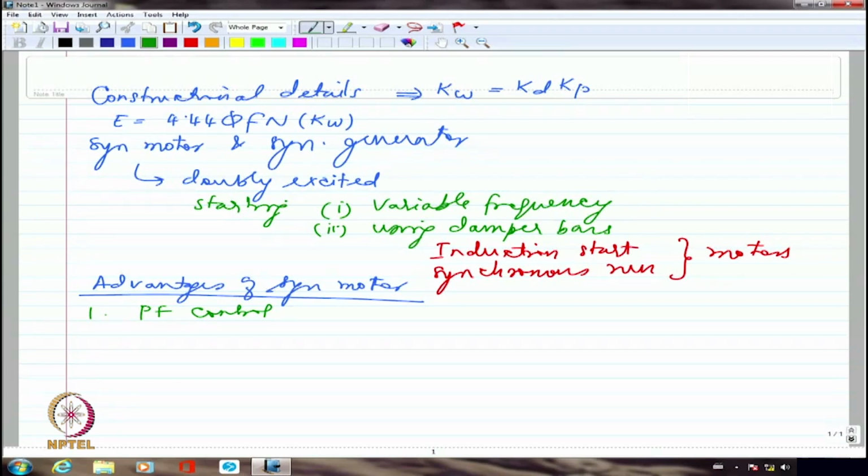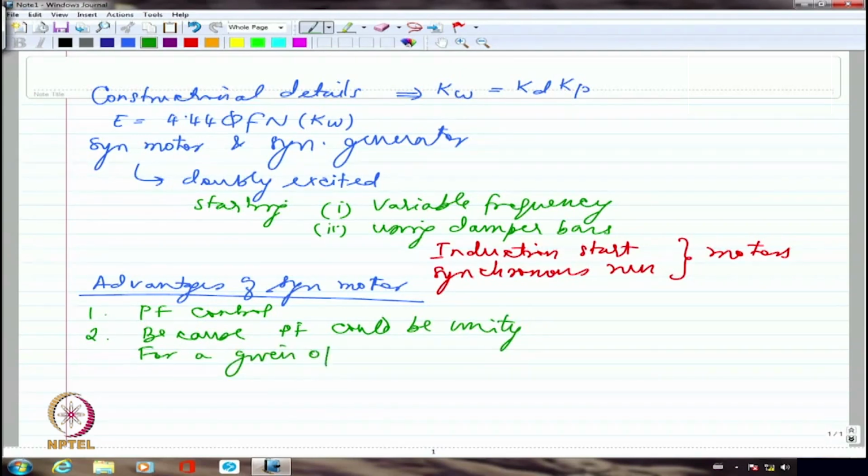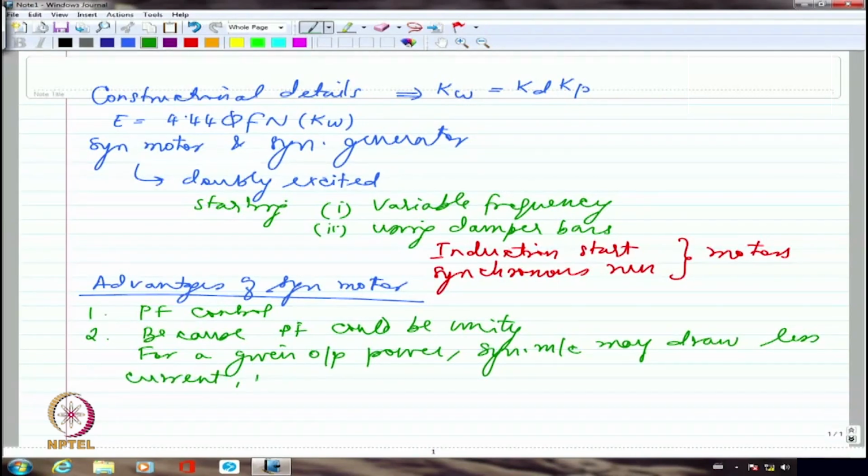One more advantage we said was, because the power factor could be unity, for a given output power, a synchronous machine may draw less current if I am working at unity power factor.